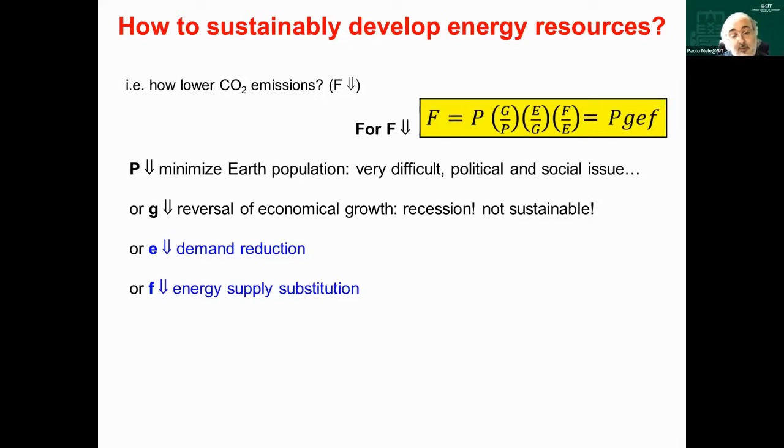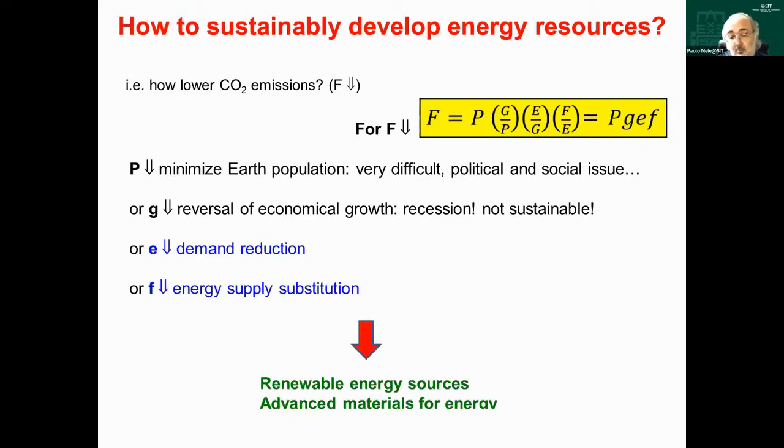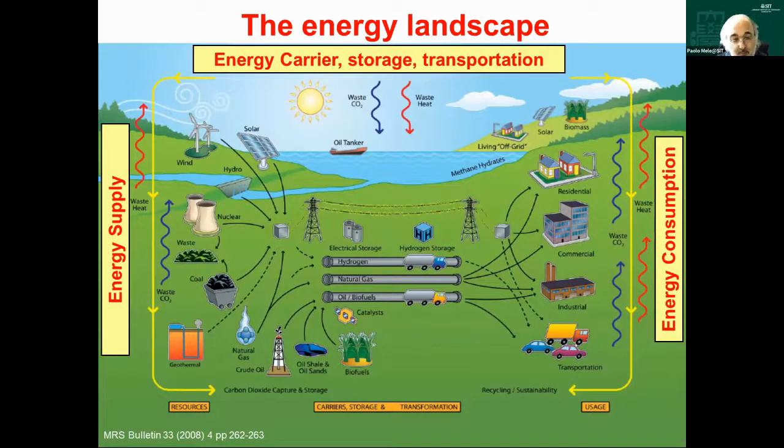Substitution of energy supply with something alternative, which means use of renewable energy sources and introduction of materials, advanced materials in the energy landscape. Energy landscape is this one. It's the global vision of how energy is supplied, carried, stored, transported, and finally used.